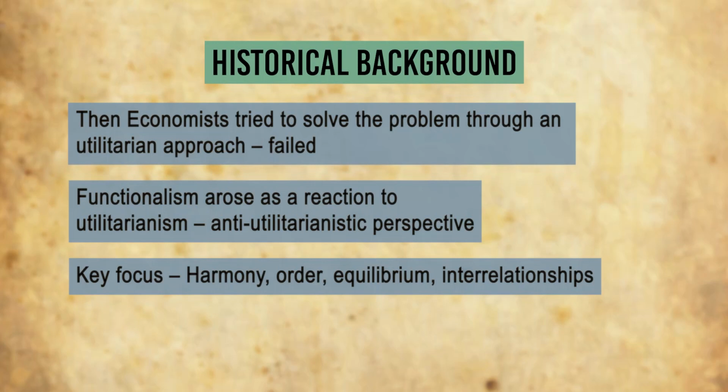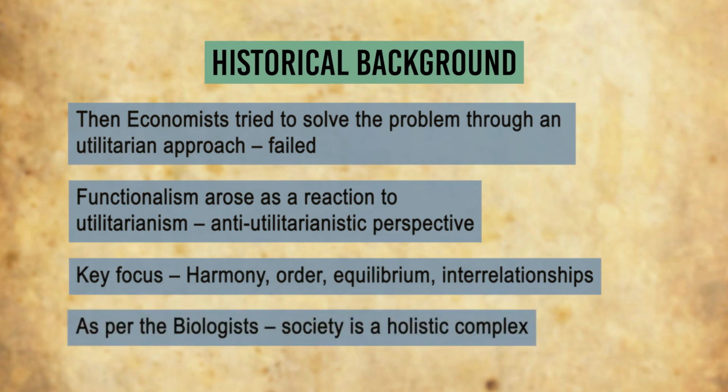So what was the key focus of this new theory that emerged as a reaction? The key focus was harmony, order, equilibrium, and interrelationships. As per the biologists, society is a holistic complex. It's not a separate small entity.